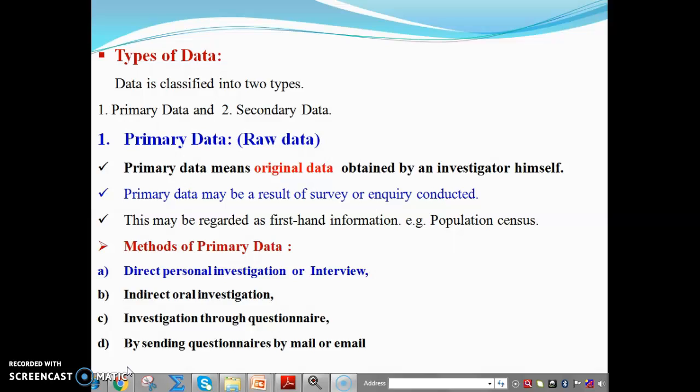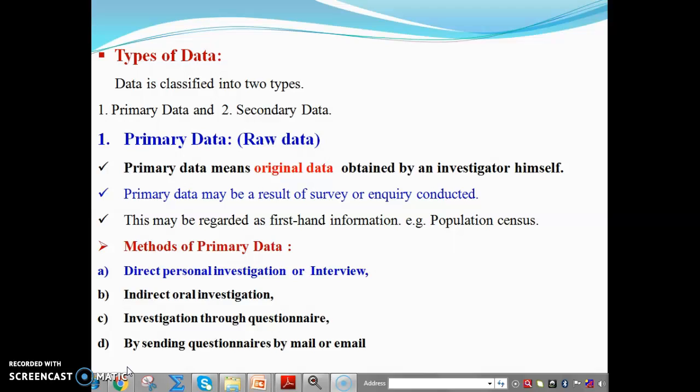Dear students, first of all, we must know what is data. Data means lots of information, and without data we cannot classify or interpret the results or conclusions.